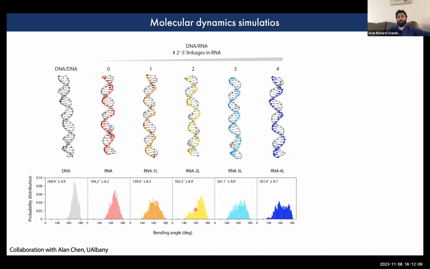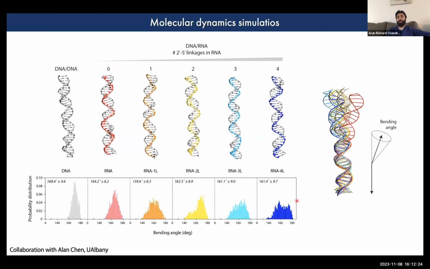Going from left to right, after an RNA strand is incorporated, you can see the distribution changing with a higher number of linkages, which shows that there is some fluctuation in the structure once these modifications are introduced, especially with a higher number of modifications. So combined together, when these structures are put together on the centroid axis, you can see that there is some fluctuation in the bending angle. However, the overall structure seems to tolerate up to 4 linkages that we tested here.